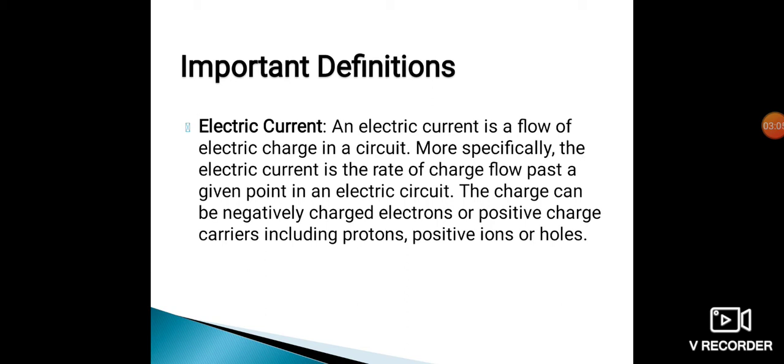They include positive charge or negatively charged electrons. Positively charged particles include protons, holes, positive ions, etc. So the basic definition of electric current is that it is a flow of electric charge in a circuit.